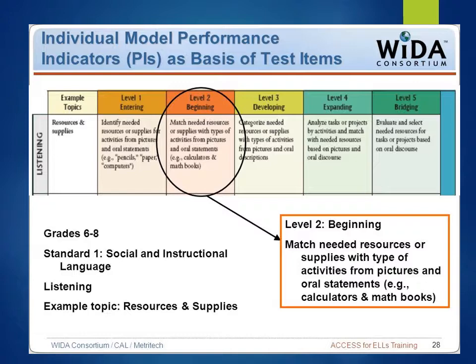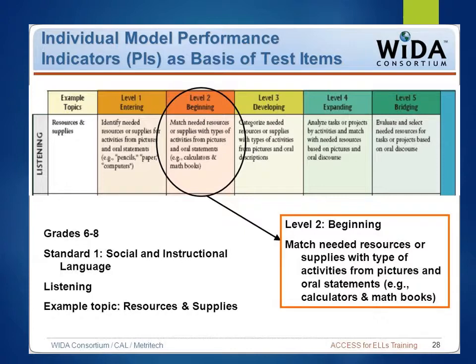So if you take a look at level 5, which is near native proficiency level, that student is going to be asked to evaluate and select needed resources for tasks or projects based on oral discourse. So they're going to listen to some input and then make some decisions about what school resources they're going to need to complete a certain task. If you look at level 2, it's the same content goal, but using different modes and processes of language.